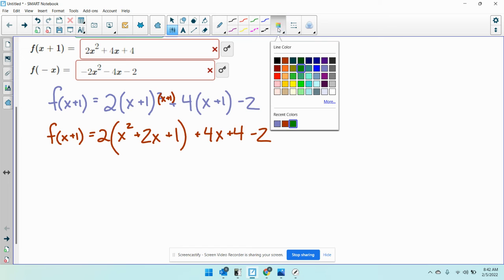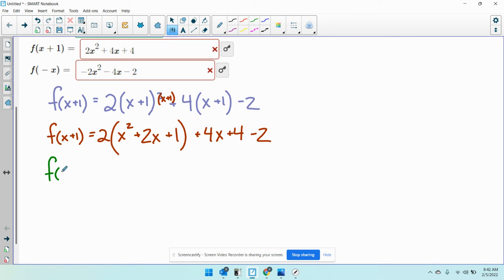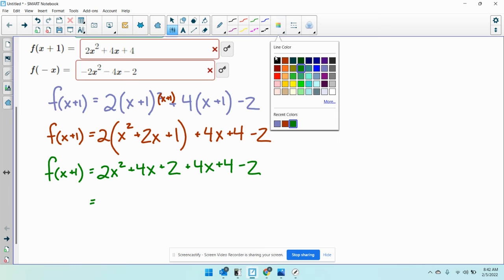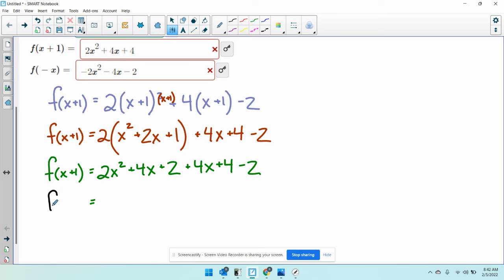Okay, now I can distribute through these parentheses. So I have f of x plus 1 equals 2x squared plus 4x plus 2 plus 4x plus 4 minus 2. Now it's just a matter of cleaning it up. This is f of x plus 1.